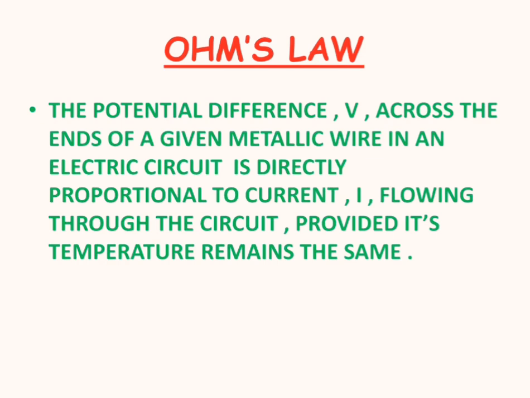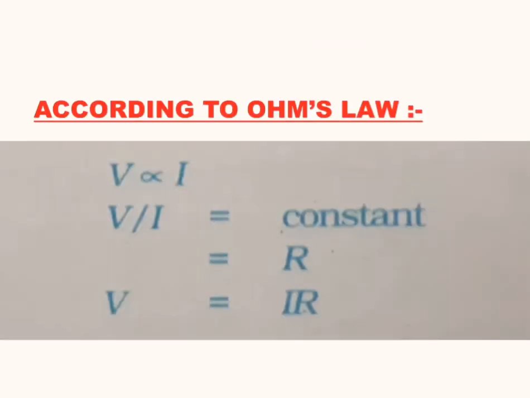The simple meaning is that V is directly proportional to I. That is, potential difference is directly proportional to current. If potential difference increases, then current will also increase. If current decreases, then potential difference will also decrease.